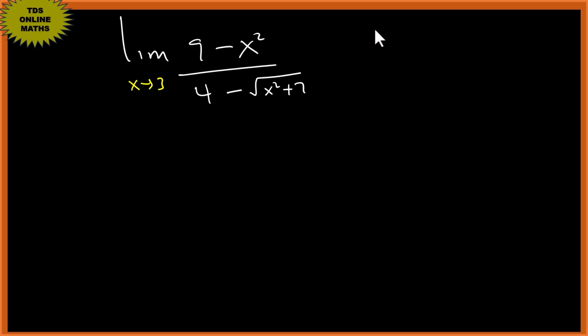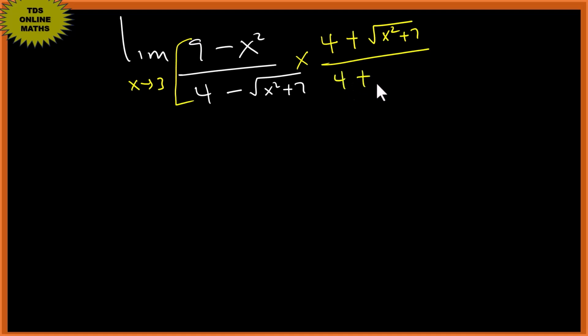So let's reduce this by rationalizing this. I'll take the conjugate of the denominator: 4 plus square root of x squared plus 7.